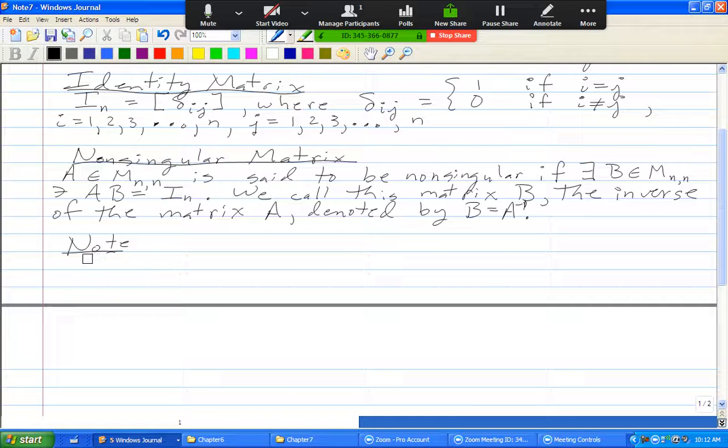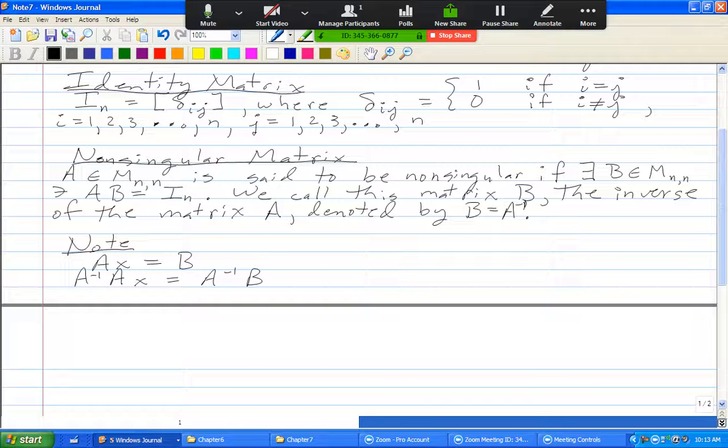Let's call it X. If AX equals B, then multiplying both sides of my equation by A inverse.